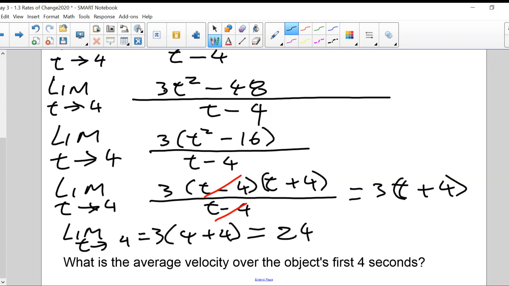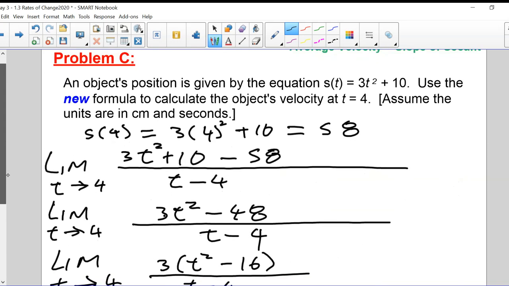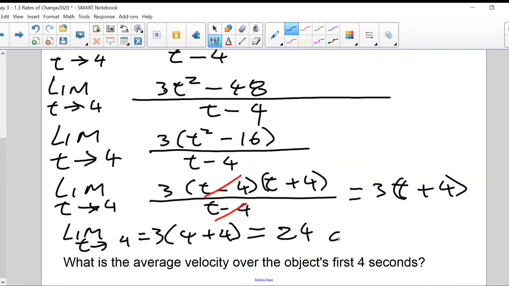And that 24 again is measured in centimeters per second. So quite a good speed there for this particular object.